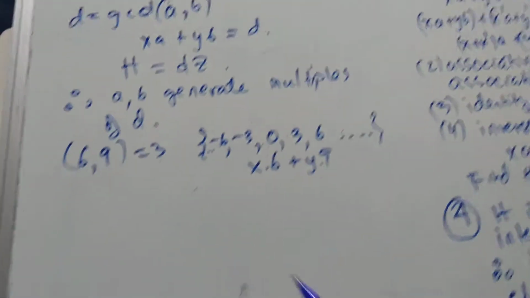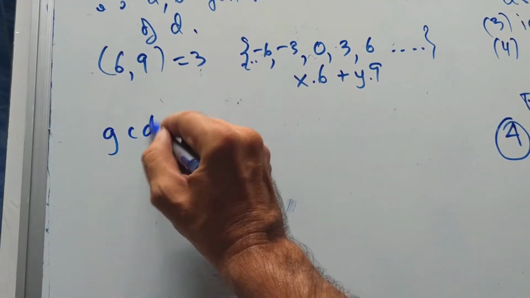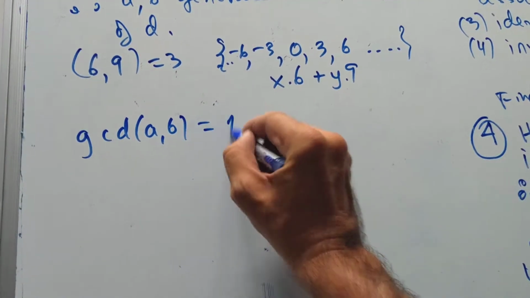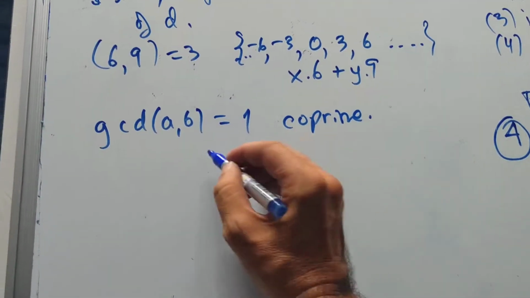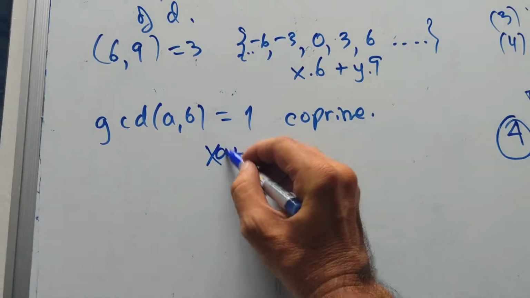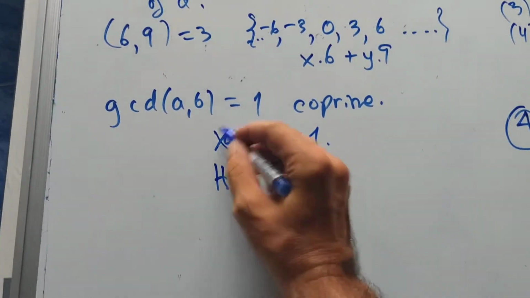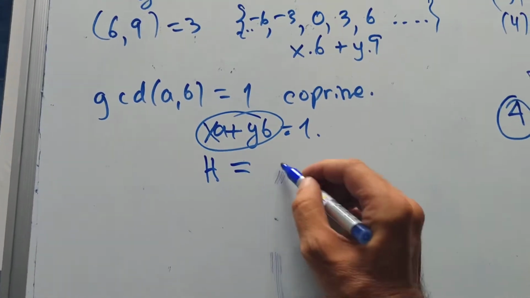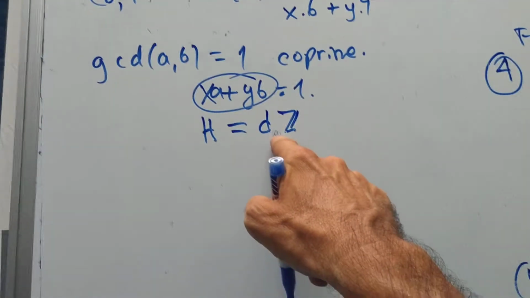That's very cool. And now what if the GCD is 1? They're coprime. Well, in the case of coprime, xa plus yb is 1, and all linear combinations are going to be the set of multiples of 1.